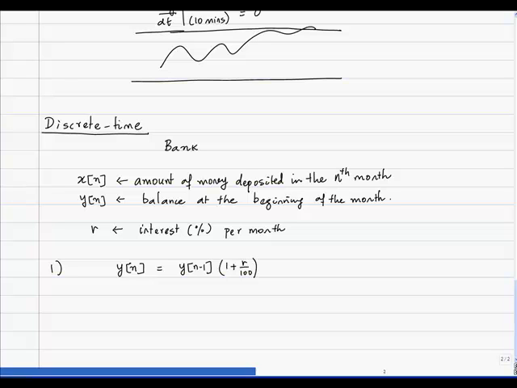So now this is worth y of n minus 1 times 1 plus r over 100. And in addition to that, I added x of n more dollars to my bank account. Right? So this is one way to describe the relationship between the output y of n and the input x of n.